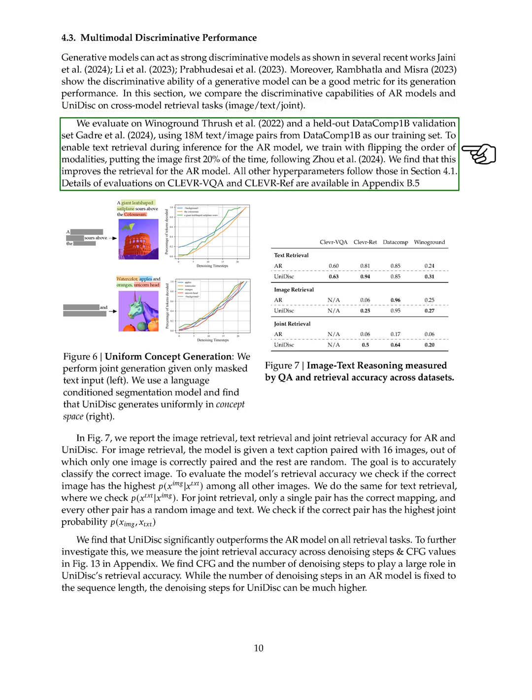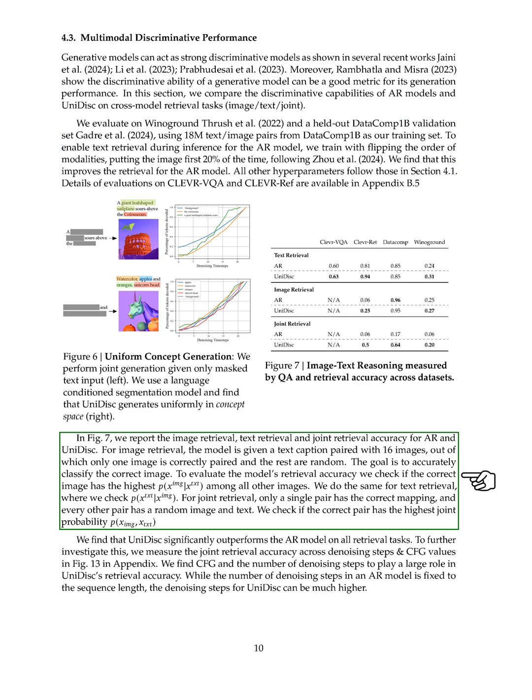Our evaluation uses the Winoground dataset and a separate DataComp1B validation set, training on 18 million text-image pairs. To enhance text retrieval for the AR model, we adjust the order of modalities during training, placing the image first 20% of the time, which we found beneficial. We report the accuracy of image retrieval, text retrieval, and joint retrieval for both AR and UniDisc models.